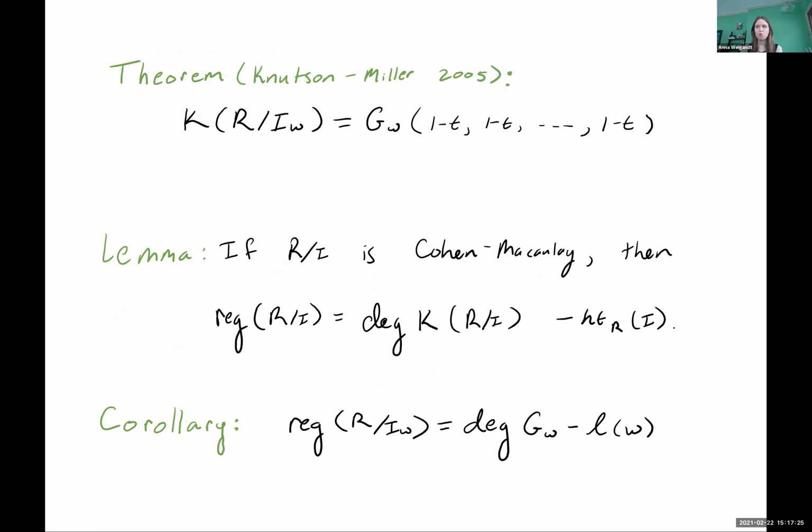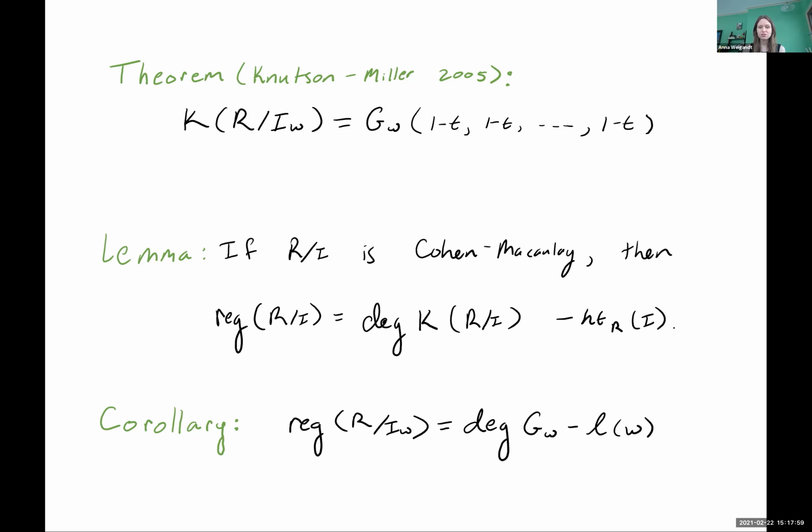Okay, so why did I bring Grothendieck polynomials into the picture? Well, Knutson and Miller showed that the K-polynomial of R mod the Schubert determinantal ideal is just a specialization of this Grothendieck polynomial. You can take each of the x variables that are floating around and plug in 1 minus t, and this gives you your K-polynomial. And then, we had by Fulton that R mod I_w was Cohen-Macaulay.